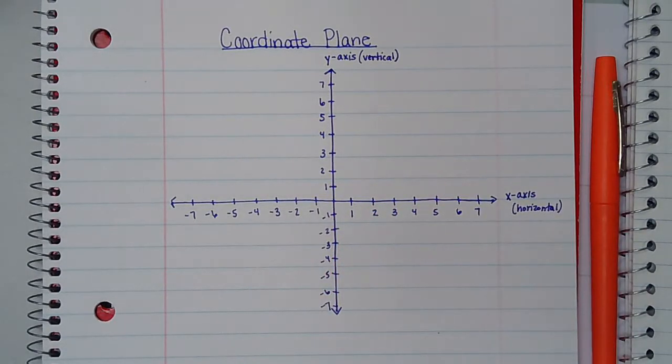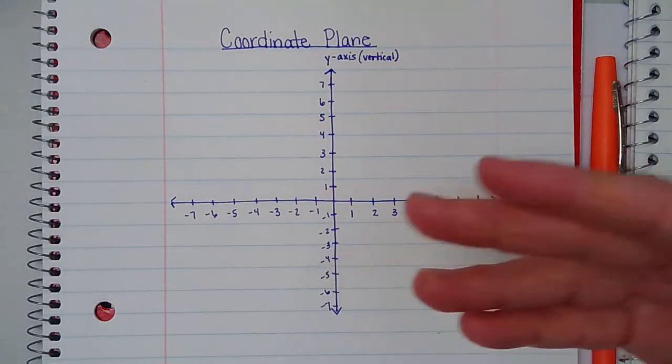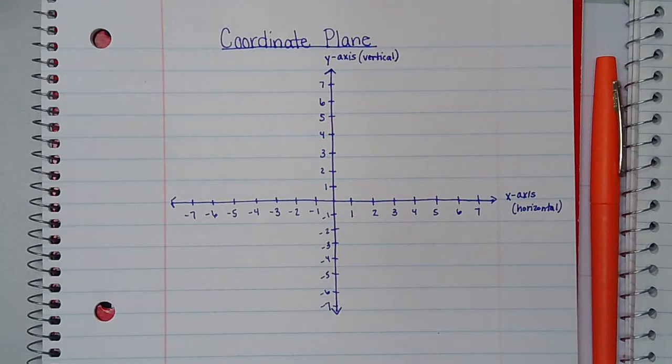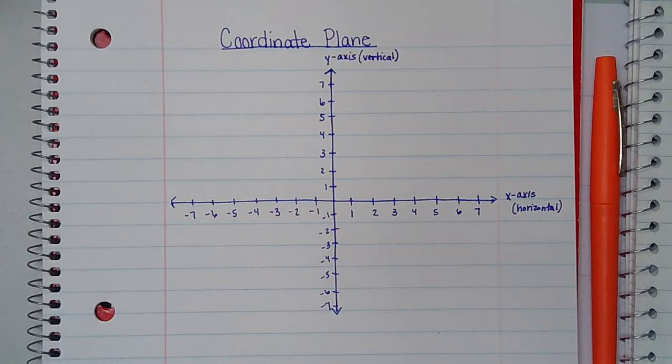Now this time it worked out nicely that all of my number lines went to 7 or -7. It doesn't have to be even, it doesn't have to be perfect. So if yours isn't perfect, please don't worry. But this is a coordinate plane, okay? So you got your axes and you got your numbers. Don't let the numbers overwhelm you. You really only need 2 of them at a time, okay?